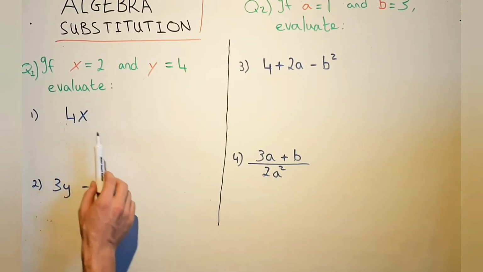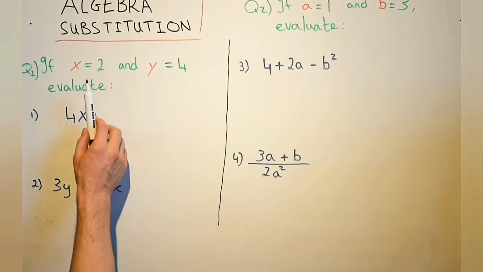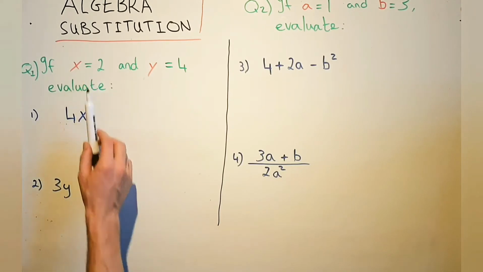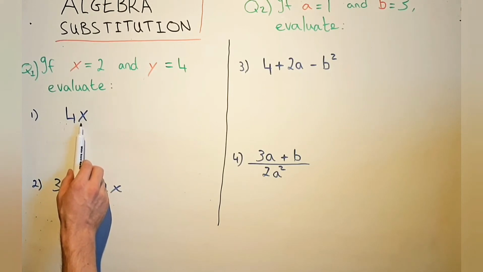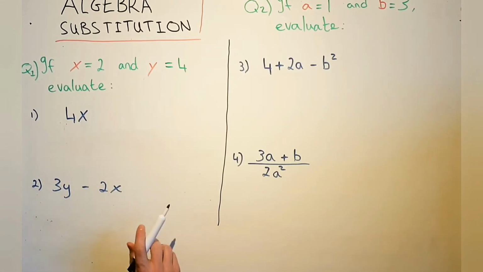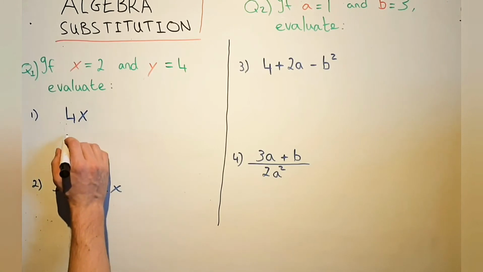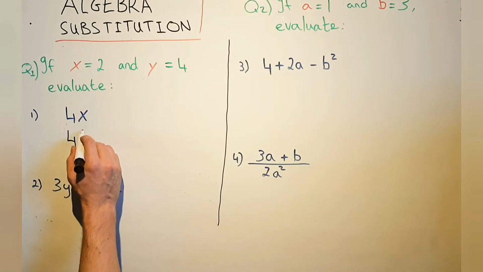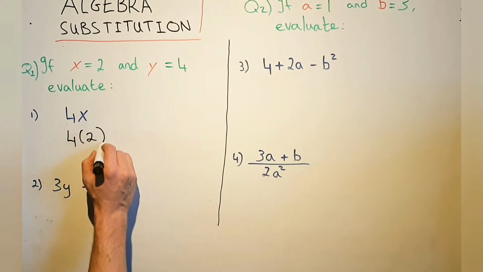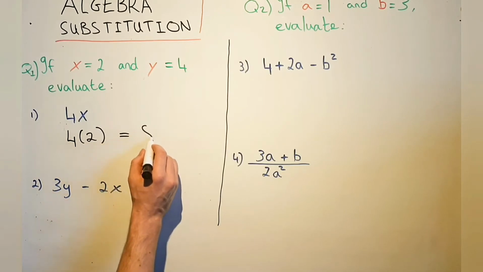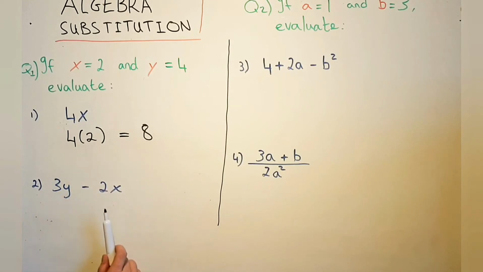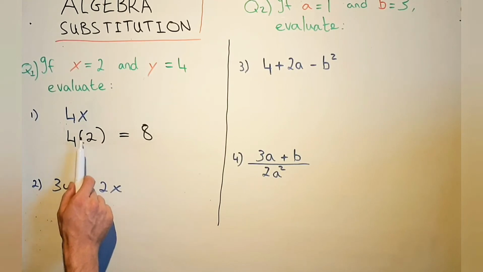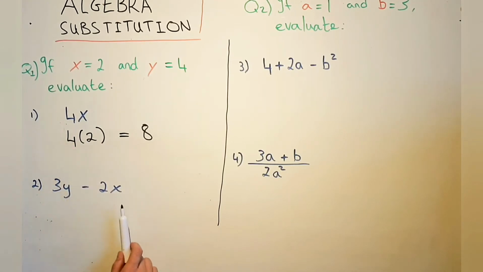To evaluate this, all we need to do is substitute the value we're given for x into the expression 4x, and then continue to solve it. Doing that would yield the following. This notation of the 2 in brackets just signifies that they're in product with one another.